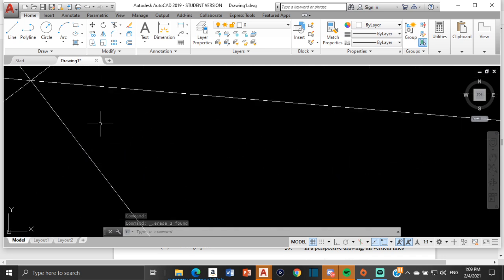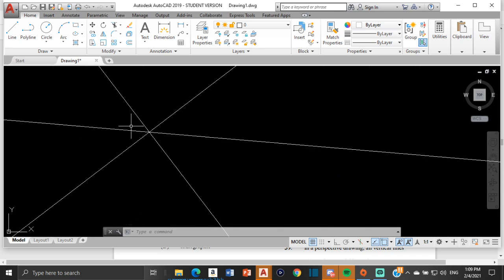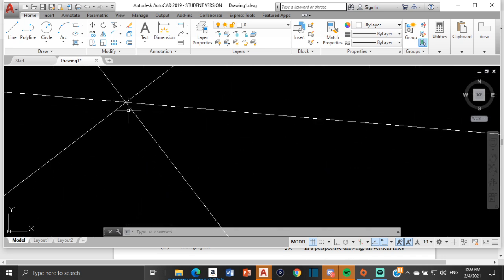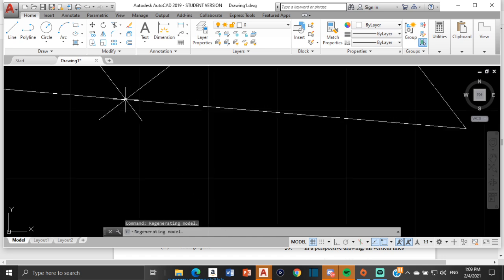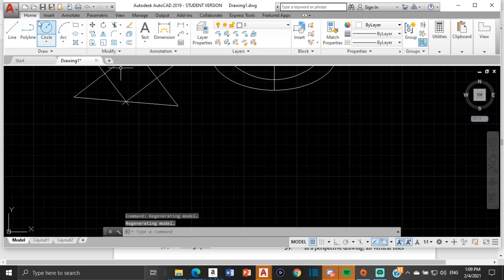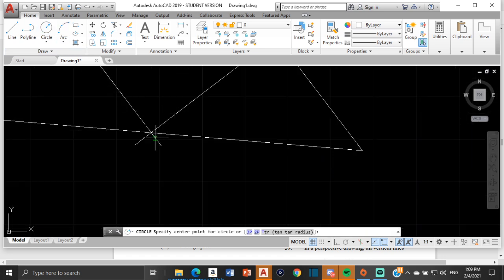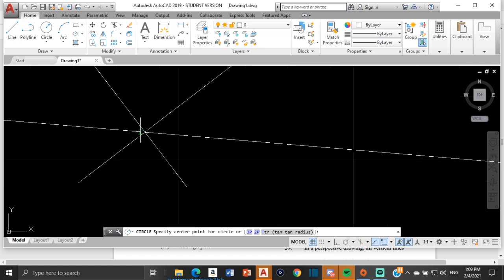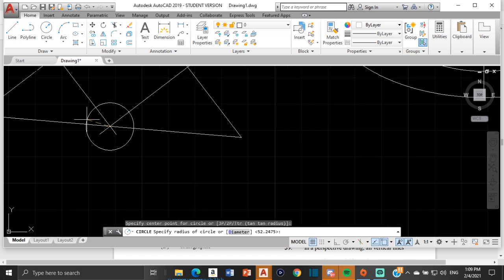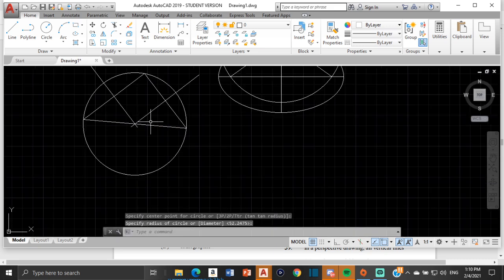So where those two lines meet, I should draw a circle from that point, and that circle should completely circle the triangle, touching each of the three sides but not going inside of the triangle. So just like that.